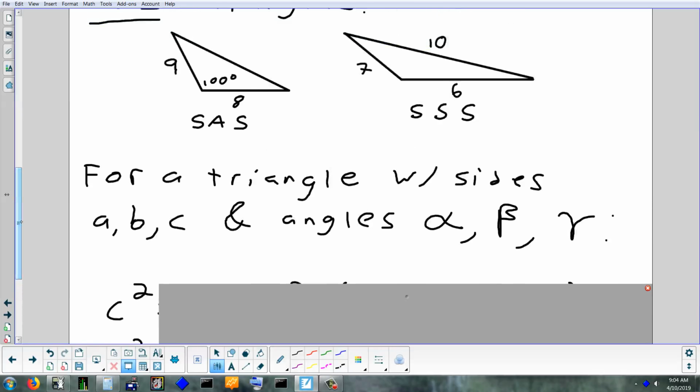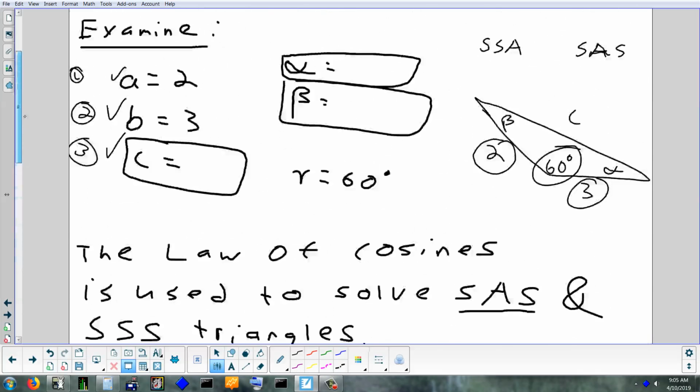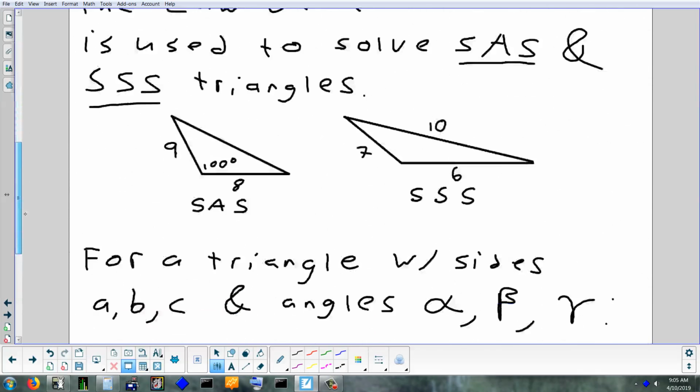So I'm going to start out with the formula that looks like this. It starts out C squared equals A squared plus B squared. Now, with what I've shown you so far, does that look like anything? Yeah, it looks like the Pythagorean Theorem. And if I was going to go through the proof of the law of cosines, that's how I would do it.